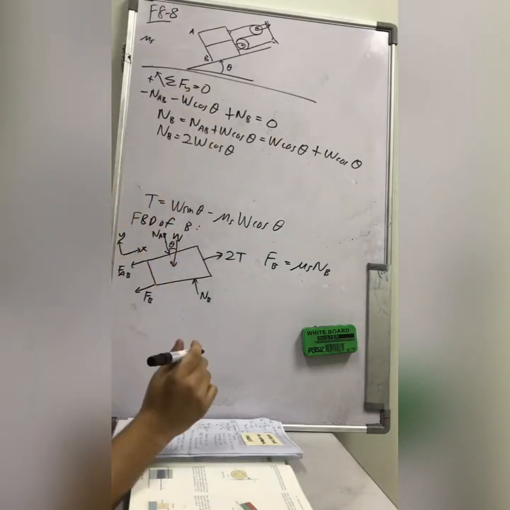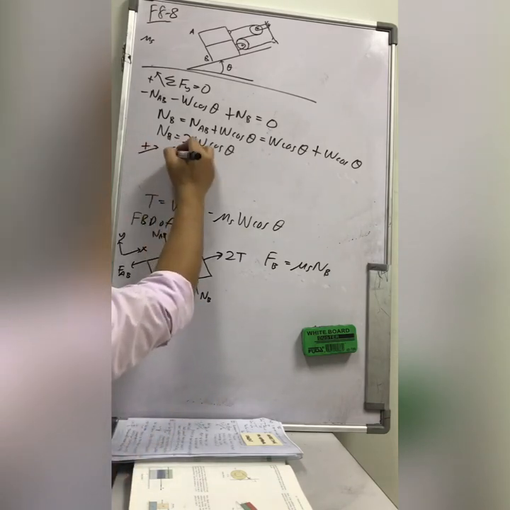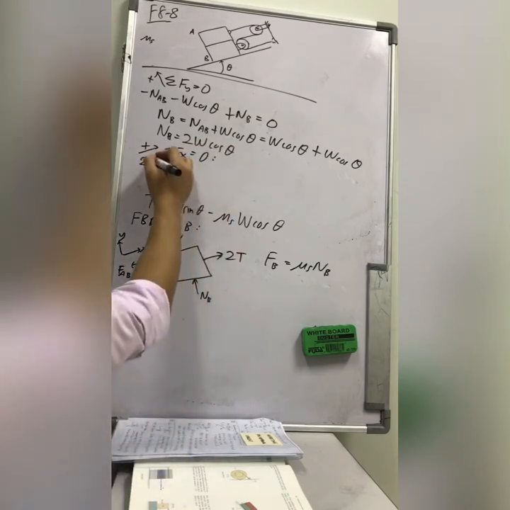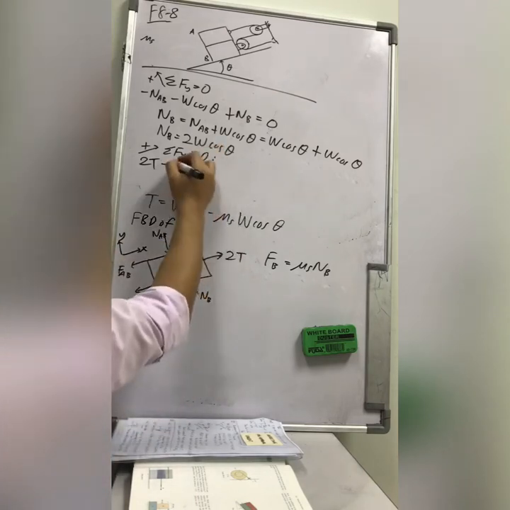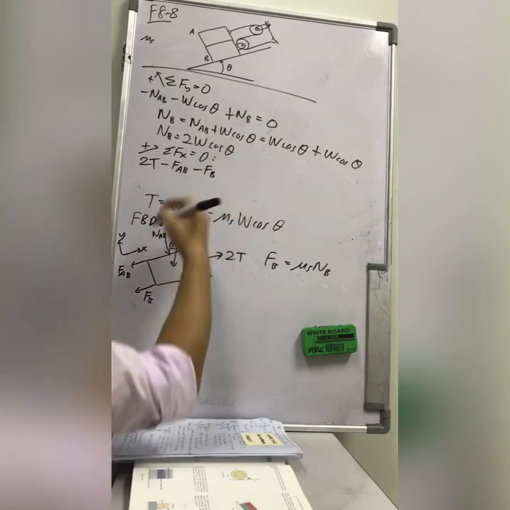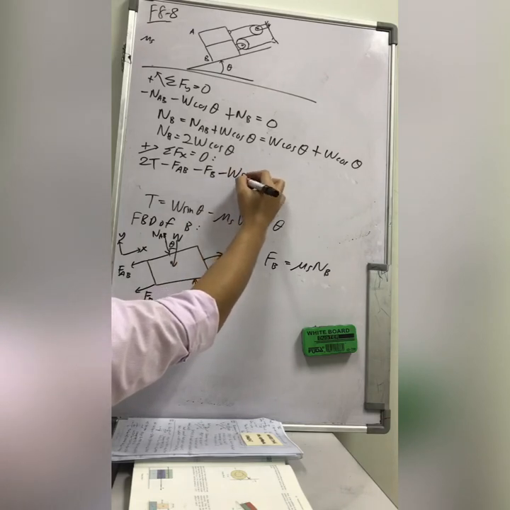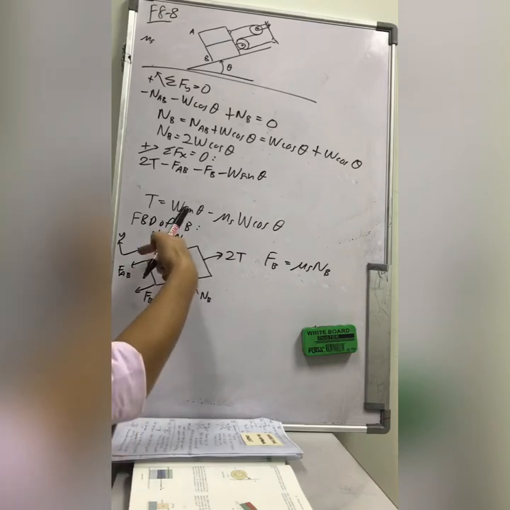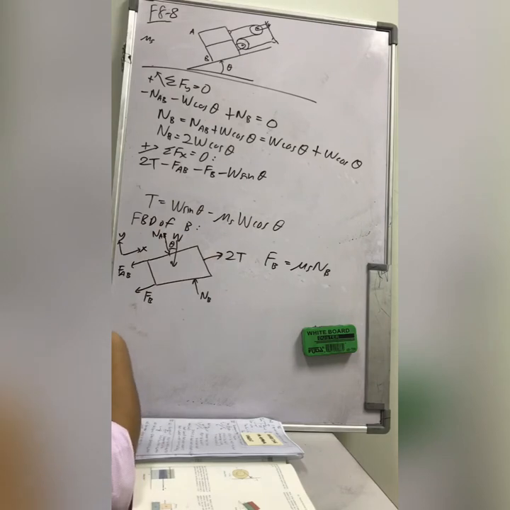Next you do Fx equals 0. What do you have? You have 2T, right? What else? You have minus F_AB. You have minus F_B. And then minus W sine theta, this component, isn't it?